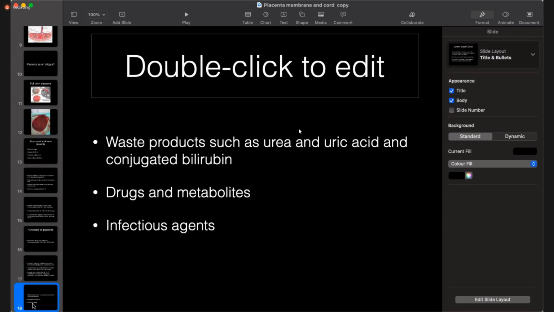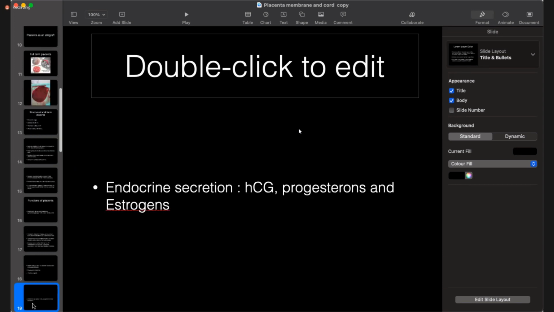And excretion of waste products such as urea, uric acid, drugs and metabolites, infectious agents, all these can be transported. Knowledge about what kind of things get transported is important. There is no other way to know; you should remember it, because you can't work it out. If you know this thing is getting transported through the placenta, that's it.